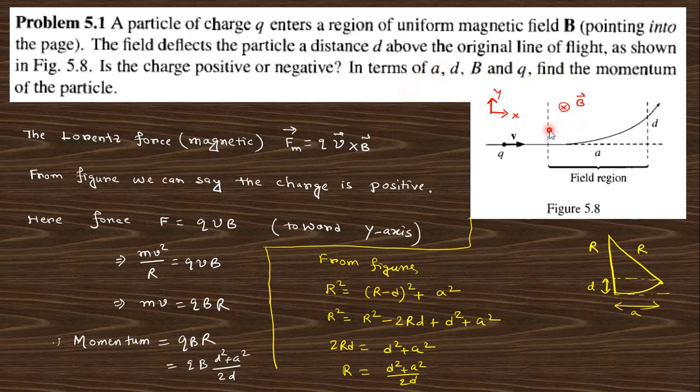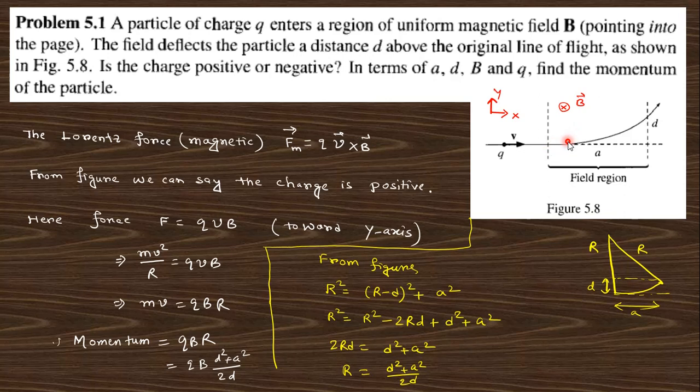Think about the force due to the magnetic field, which is q v cross B. You can see here the velocity is along the x direction, and B is along the negative y direction. If q is positive, then the force will be in this direction, which is why it deflects like that.